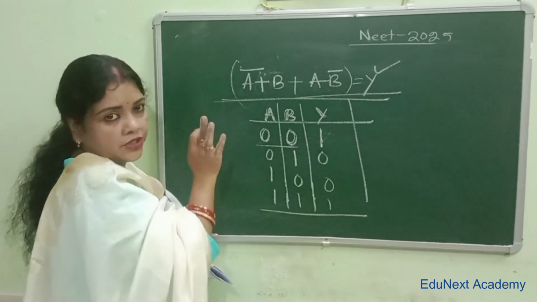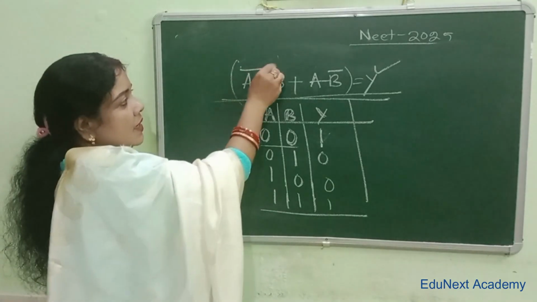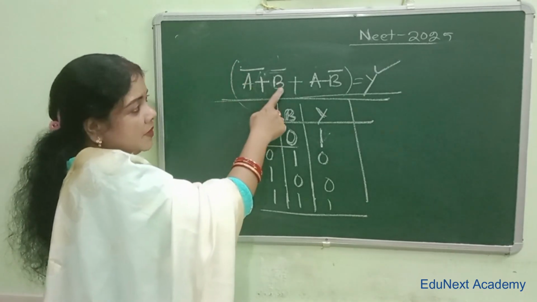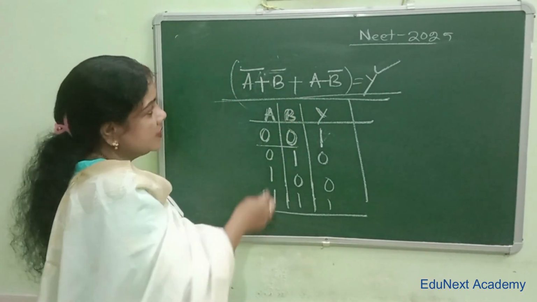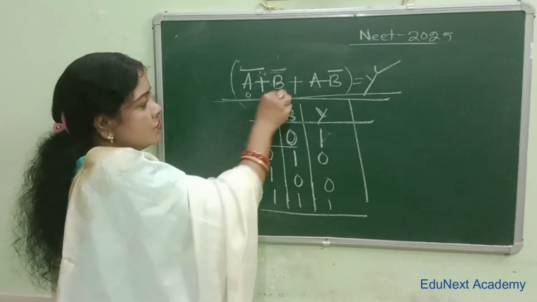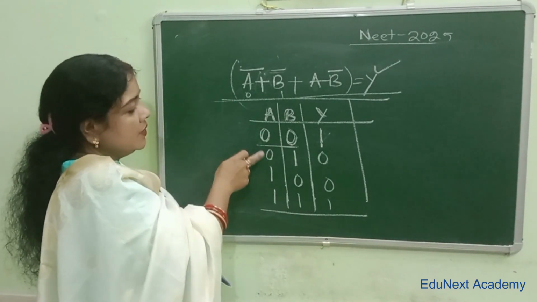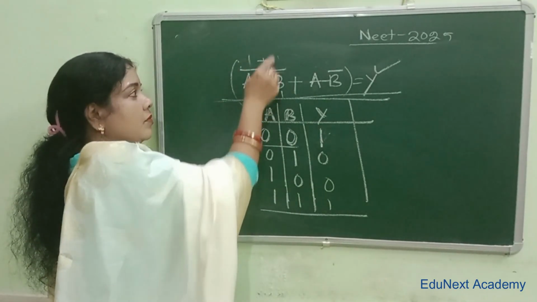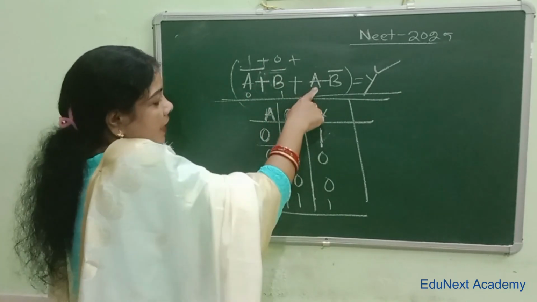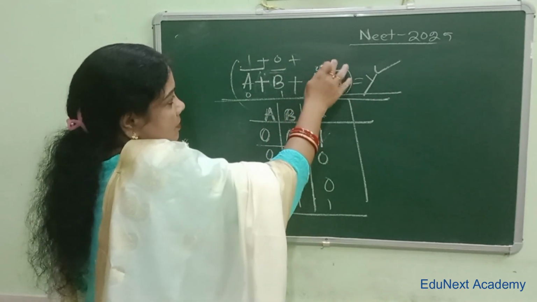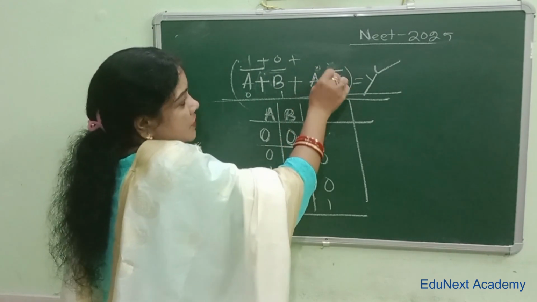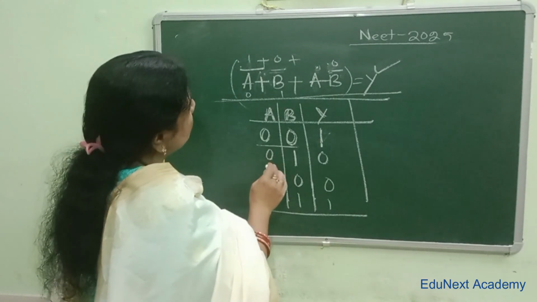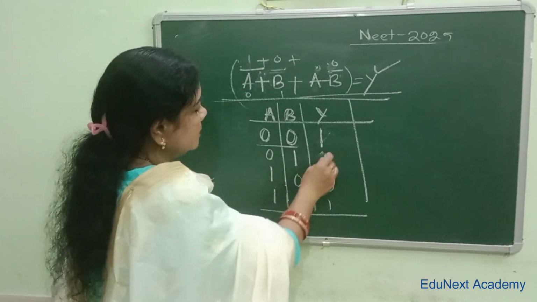Because if you put A equal to 0, A bar plus B bar is 1, 1 plus 1 plus 0, that is 1. Again, take A equal to 0 and B equal to 1: A complement will be 1, B complement will be 0, plus A is 0 into B complement is 0, that is 0. That means 1 plus 0, that is equal to 1.